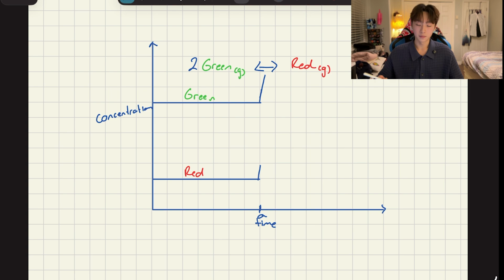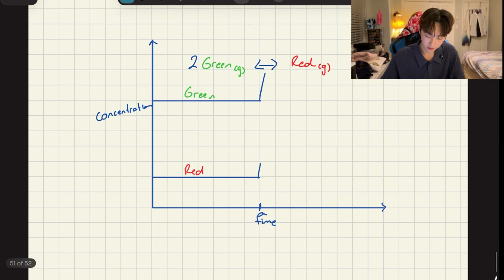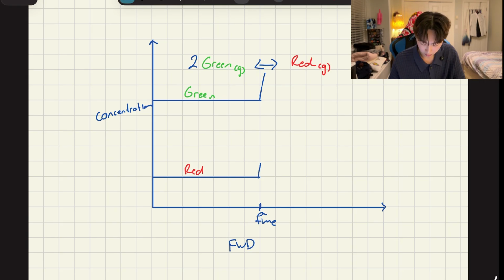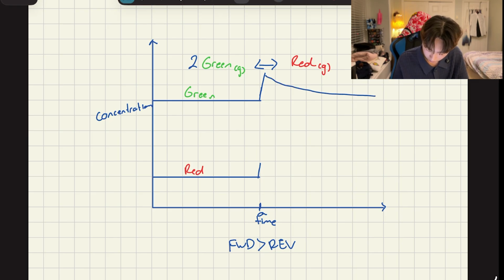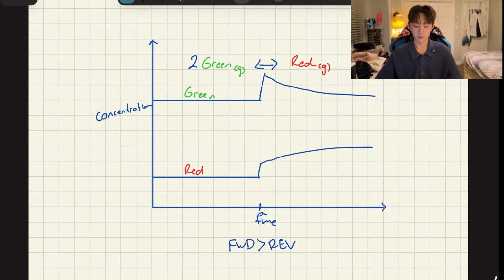And as a result, at time A, the forward reaction is going to be greater than the reverse reaction. And as a result, the green will go down while the red goes up. And all this is to remove the stress of the extra green concentration. It's to decrease it and establish a new equilibrium.